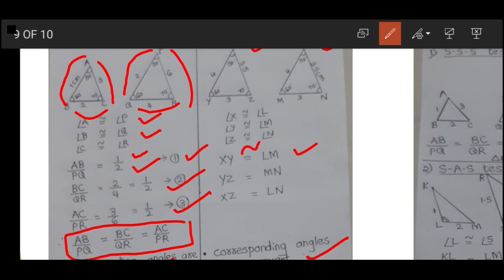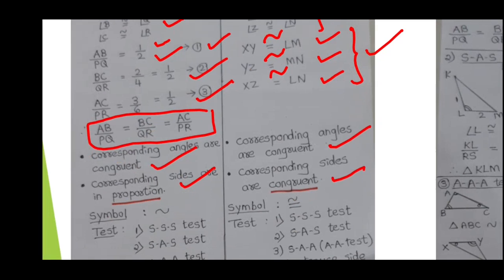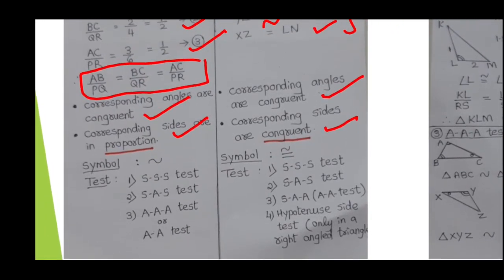Sorry children, I forgot to write the congruent symbol over here. XY is congruent to LM, YZ is congruent to MN, XZ is congruent to LN. That means in congruent triangles, corresponding angles should be congruent and corresponding sides should be congruent. So that is what I have written.